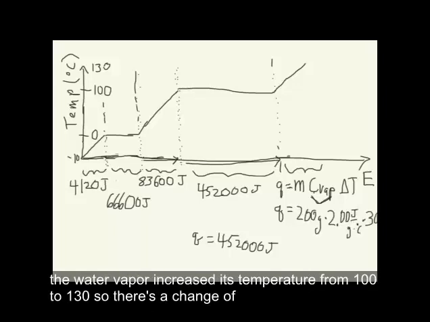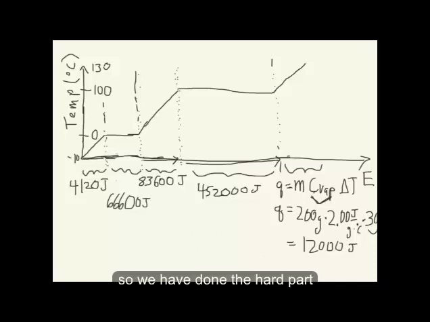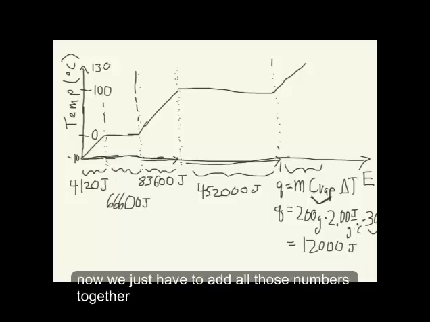The water vapor increased its temperature from 100 to 130, so there's a change of 30 degrees Celsius. So we have done the hard part, which is to find the energy required for all 5 steps of this heating process. Now we just have to add all those numbers together.